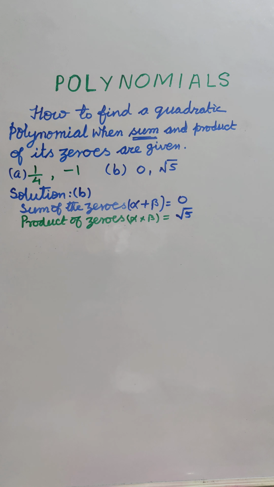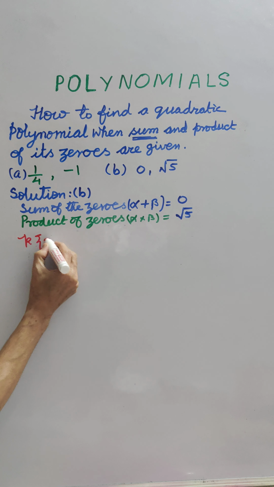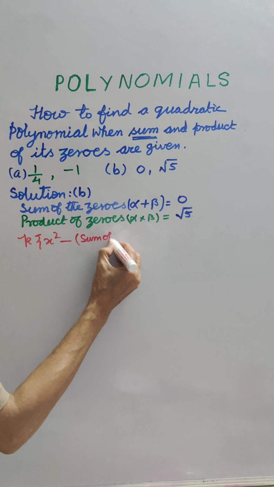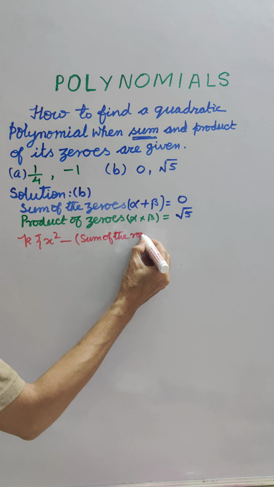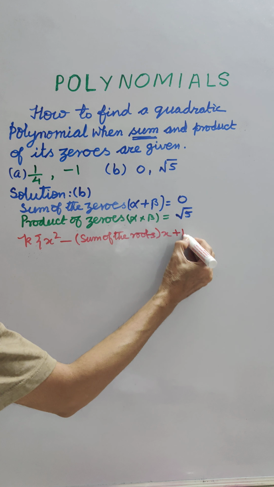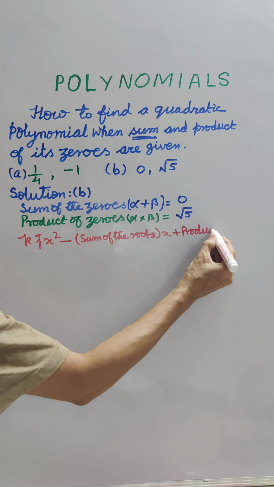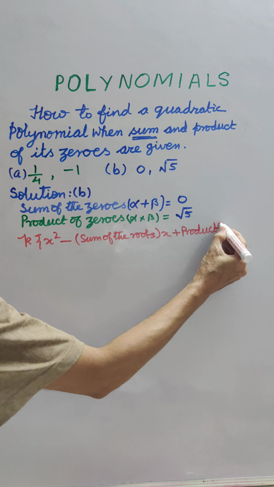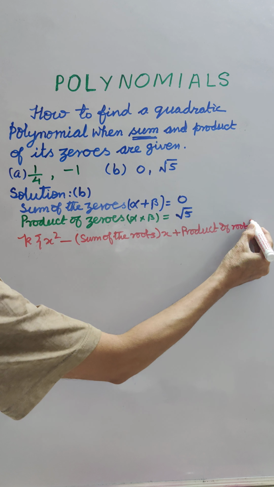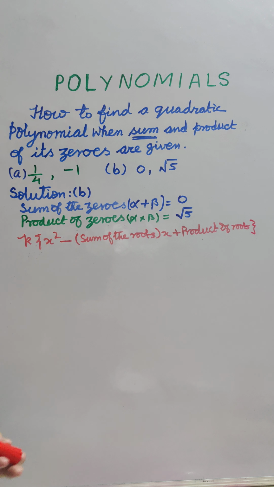And by first method we have a formula: k within bracket x square minus sum of the roots into x plus product of the roots. Now we shall substitute the values.